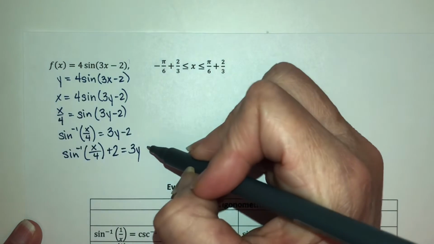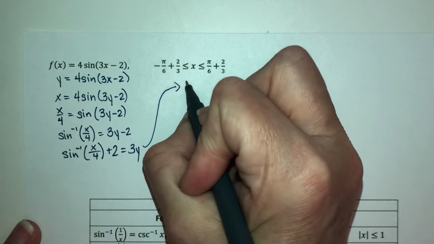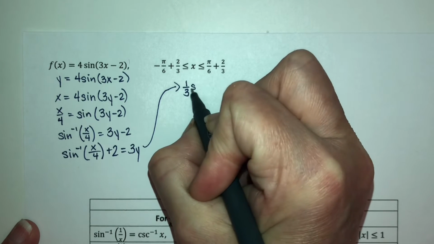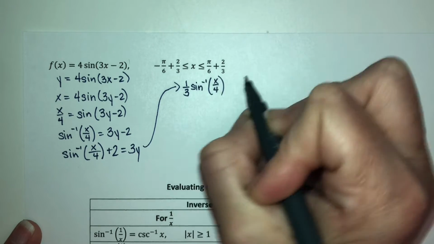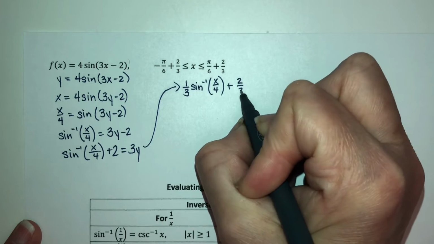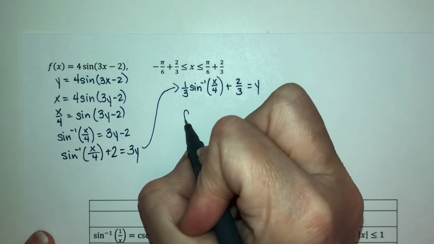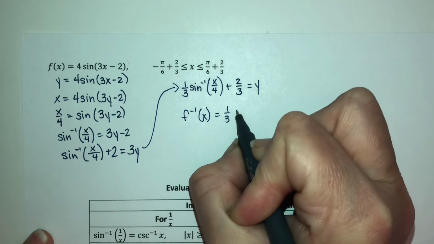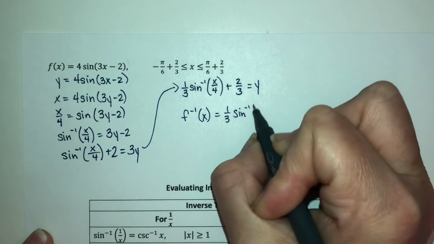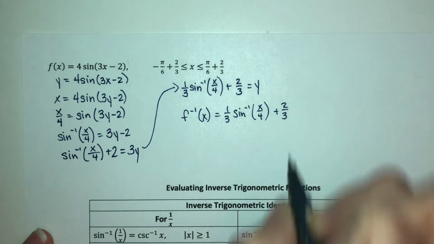Now let's divide everything by 3. That gives me 1/3 sine inverse of x over 4 plus 2/3 equals y. So your inverse function here is 1/3 sine inverse of x over 4 plus 2/3.